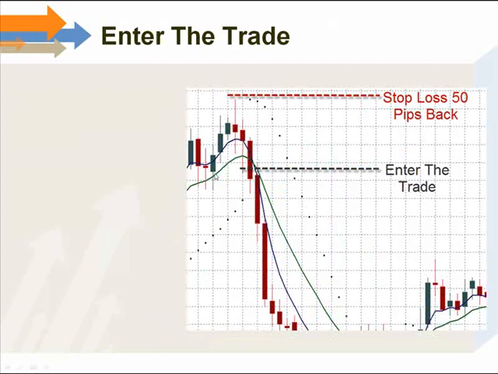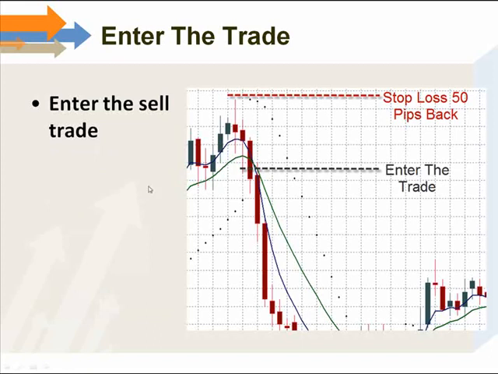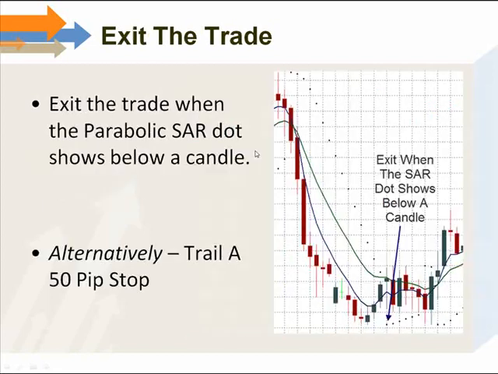So let's do that. We enter the sell trade, and we set a stop loss. This is to protect us in case things don't go our way, 50 pips back from the entry point. And then once we're in the trade, we exit the trade when the parabolic SAR dot appears below a candle.